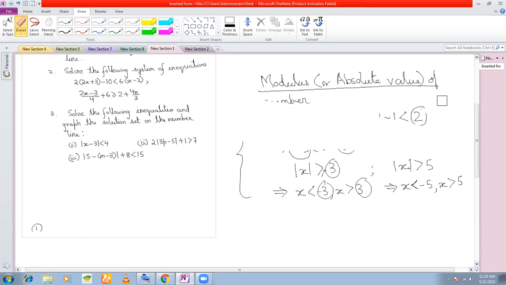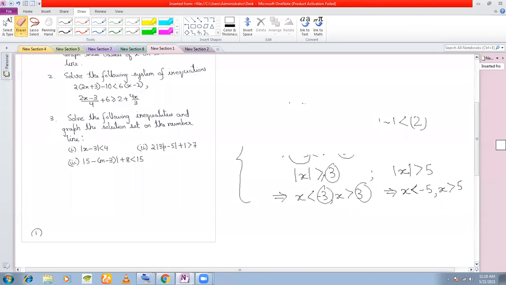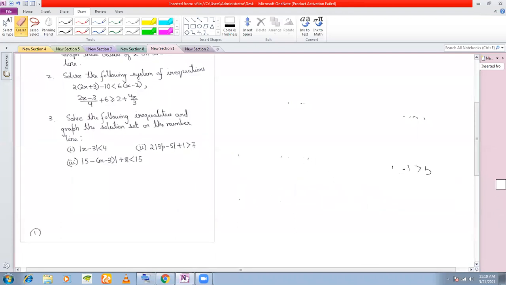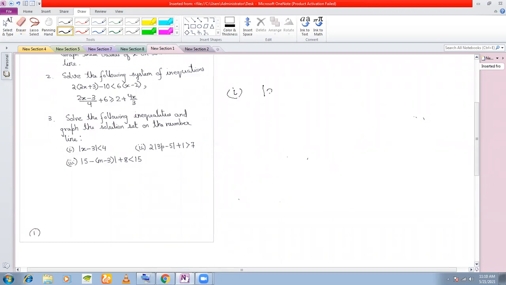Before we proceed with the inequalities with mods, now we'll start with the first inequality that I have given you. The first inequality here is mod x minus 3 less than 4. What does this mean? According to the definition that I gave you, that means minus 4 less than x minus 3 less than 4.